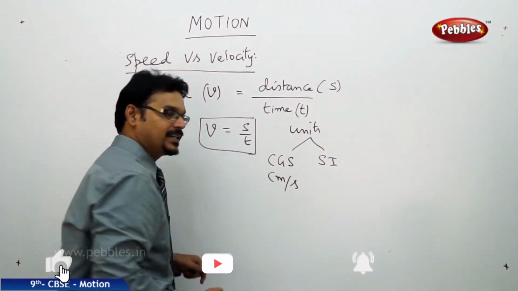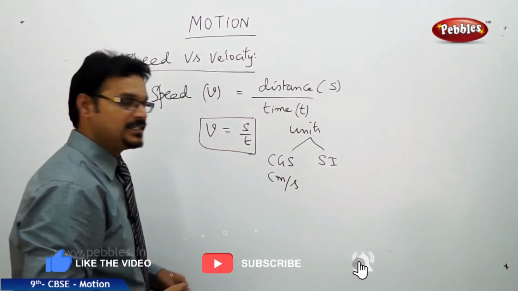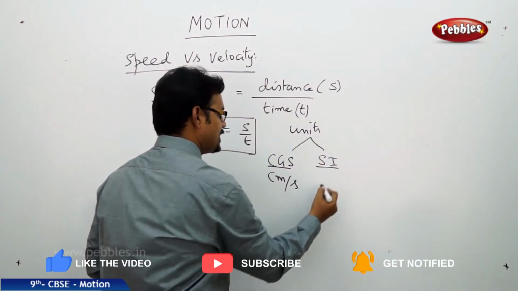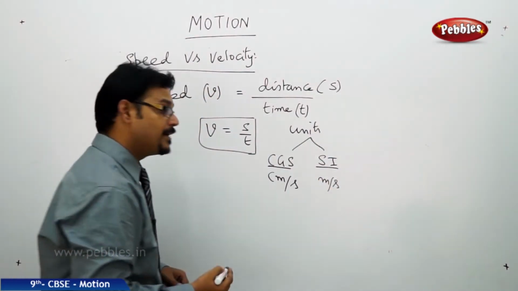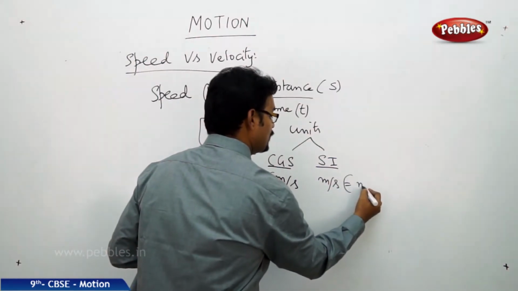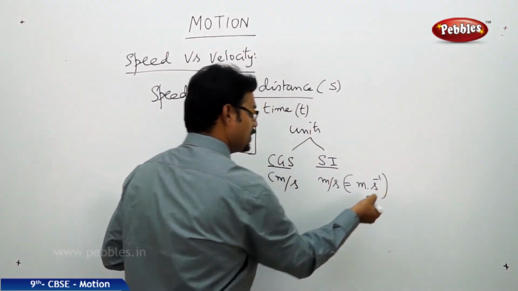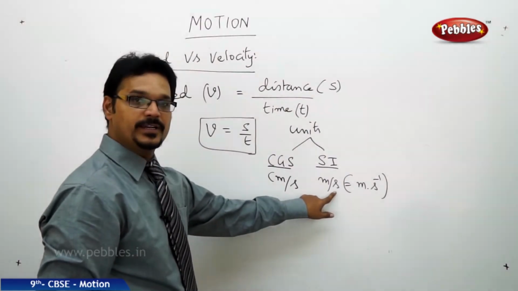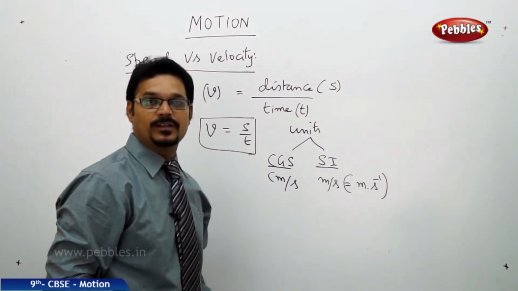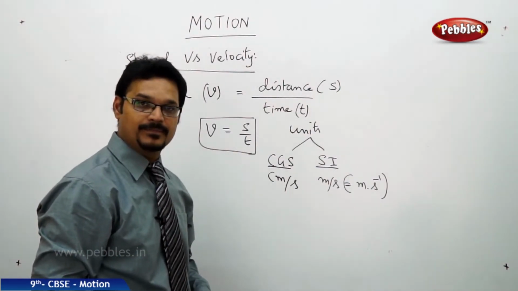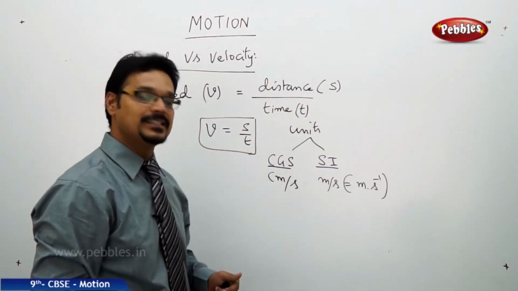So centimeter per second is the unit of speed in the CGS system. In the SI system it is meter per second. Sometimes we write it like this, don't be confused: meter second inverse. As second is in the denominator, when it goes to the numerator it becomes s power minus 1. So meter per second is the speed unit, V equal to S by T.